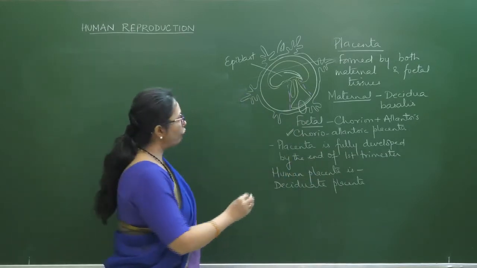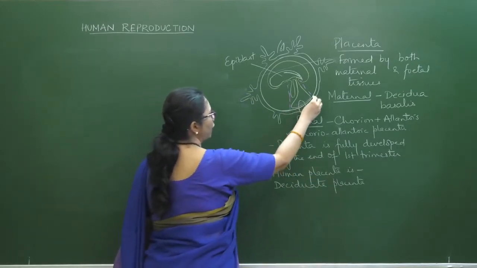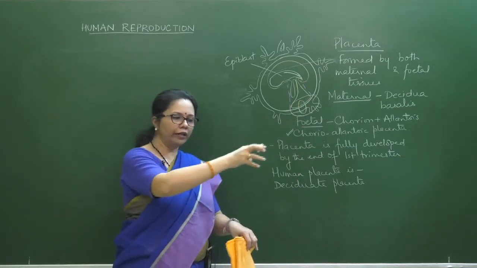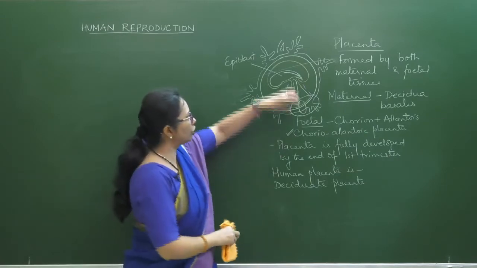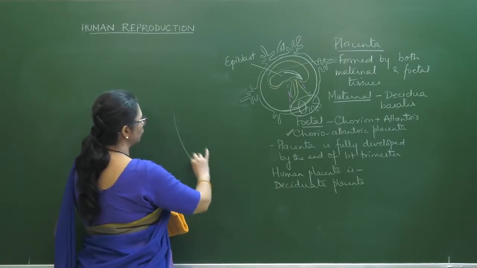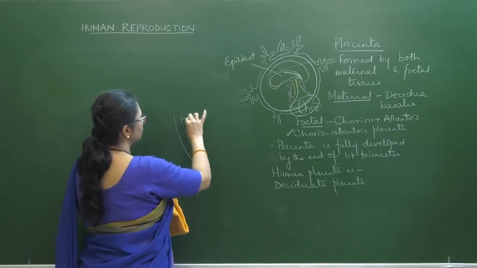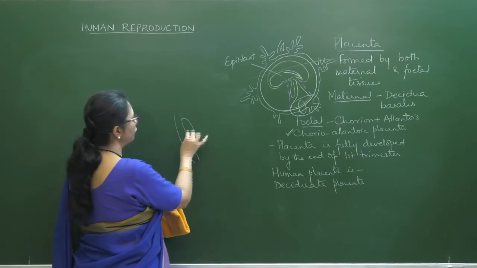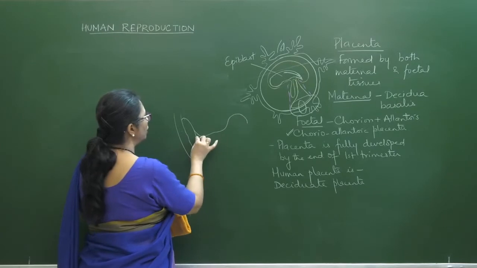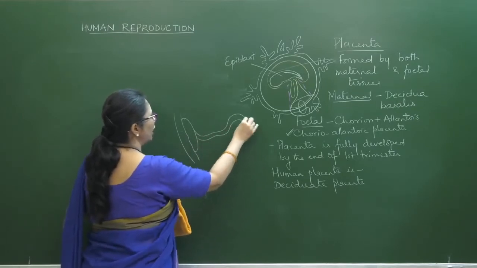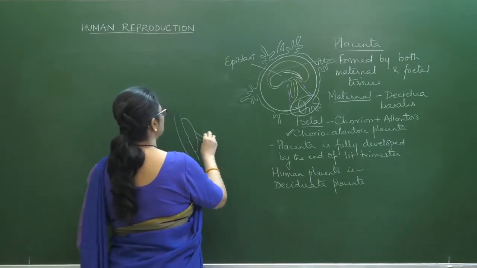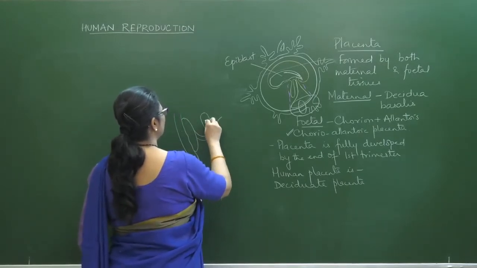So what will later happen is that only this part here, you see, would be attached to the uterine wall, and the rest of the part will be elongating, because this is the part which will later become the umbilical cord. So as you see, suppose this is the uterine lining, here there is a large disc-shaped placenta formed between the maternal and the fetal tissues, and there is a long cord which is attached to the, I'll just make a smaller one because I don't have space here.